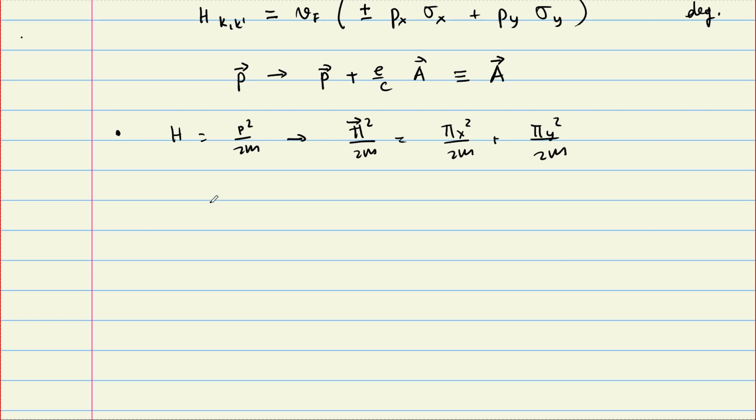So to do that, what we need to remember is that these pi's are not like p, so they have different properties, and for this we can just look at the commutation.